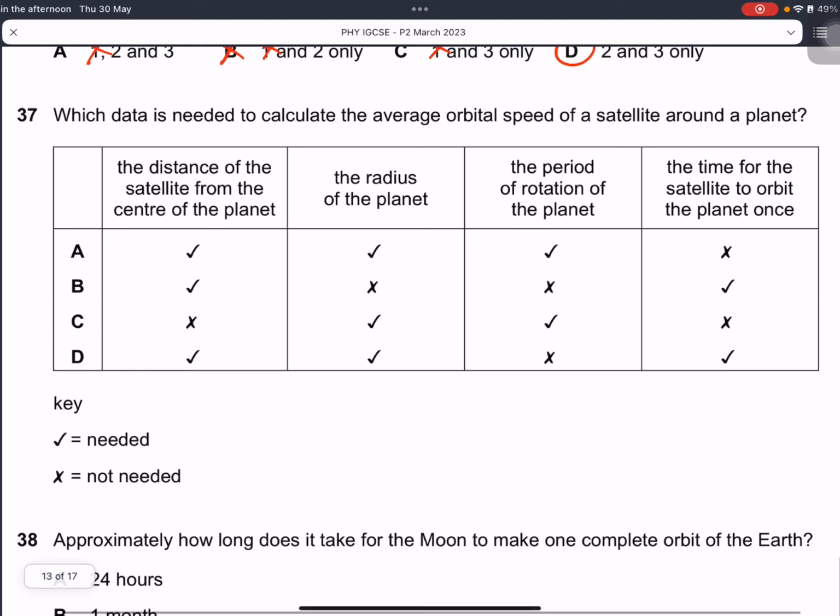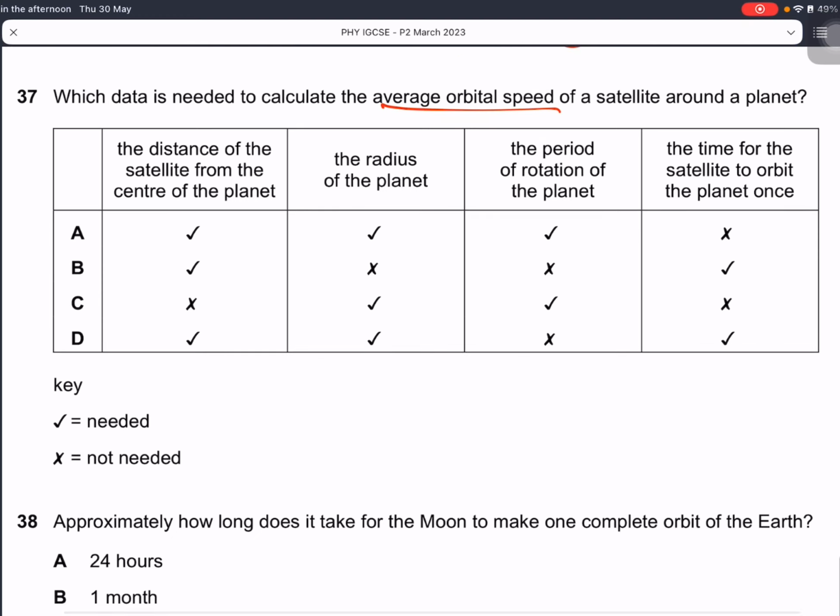All right, which data is needed to calculate the average orbital speed of a satellite around the planet? So which data gives what? Average orbital speed. In order to answer this question, first of all, let's say orbital speed.